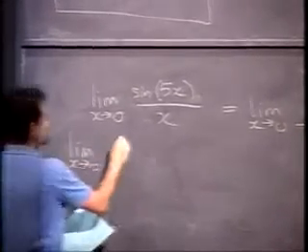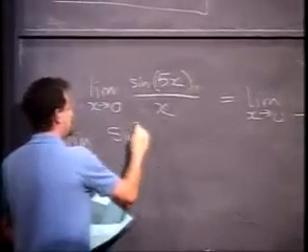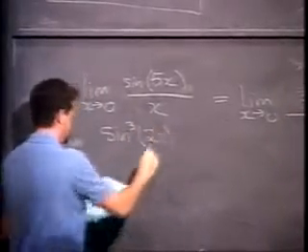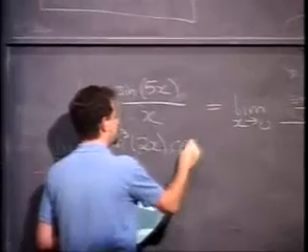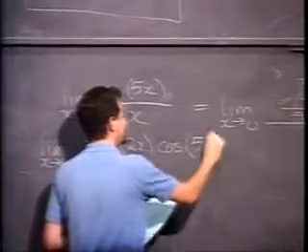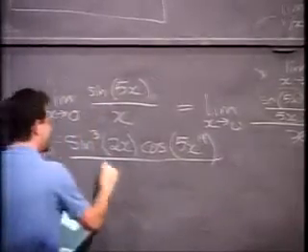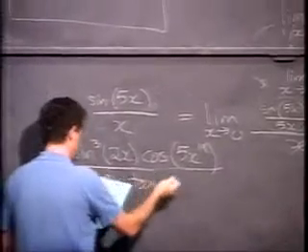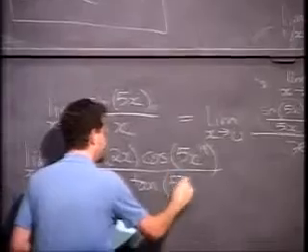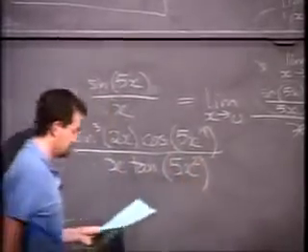Limit as x goes to 0, sine cubed of 2x, cosine of 5x to the 19, all over x tan 5x squared. Yuck. That's pretty horrible.